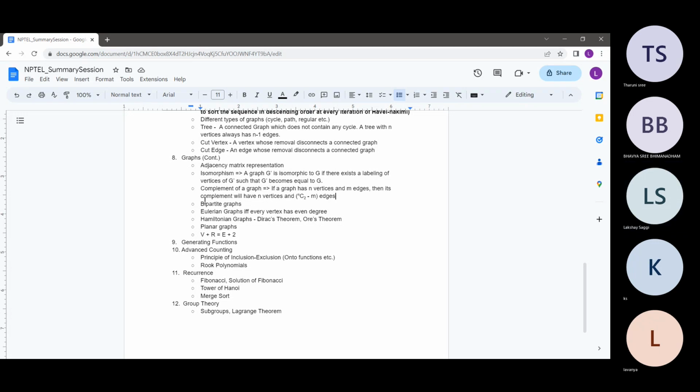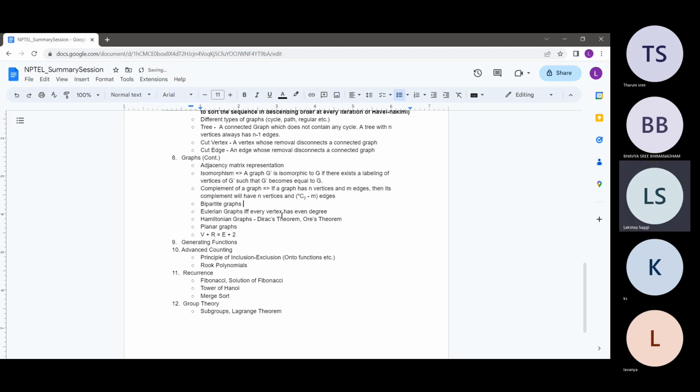And then we covered what bipartite graphs are. Bipartite graphs, I can just say orally, are graphs where the set of vertices can be separated into two sets A and B, such that every edge is going from one set to another. So every edge is going between A and B, right?